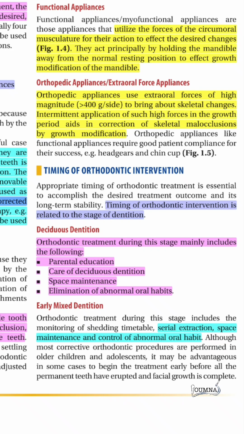But the orthopedic appliances apply high external forces, and they act on the skeletal growth and do changes on the skeletal aspect to correct any malocclusion by doing growth modification.